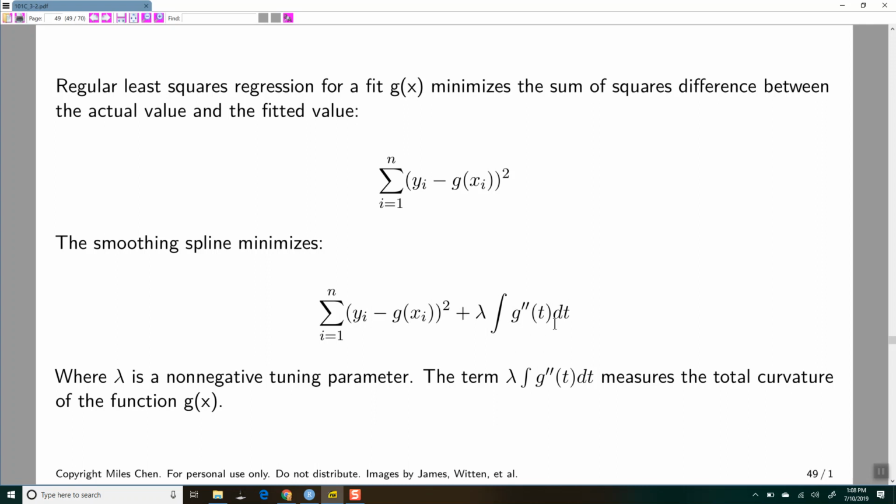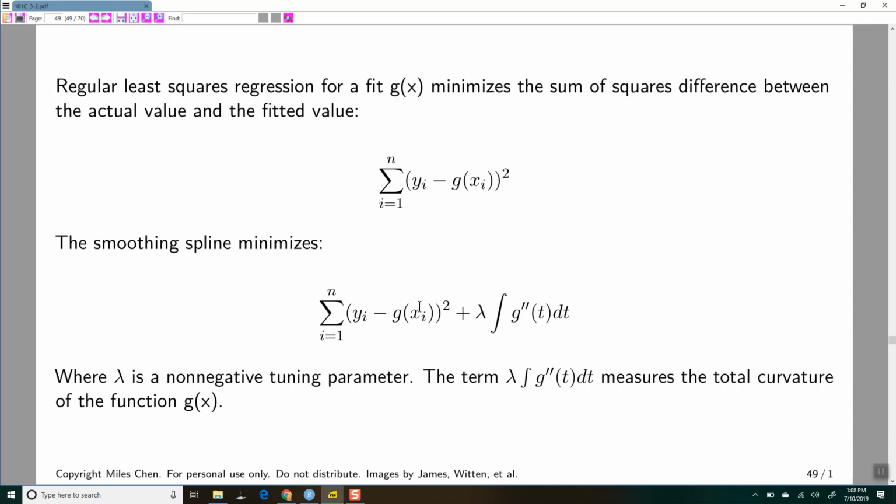Does that make sense? So it's similar in concept to ridge regression and lasso, where we want to minimize the RSS, the squared residuals, but we also have a penalty for having this undesirable thing. In ridge regression, the undesirable thing was very big betas. For lasso, the undesirable thing was betas that were not zero.